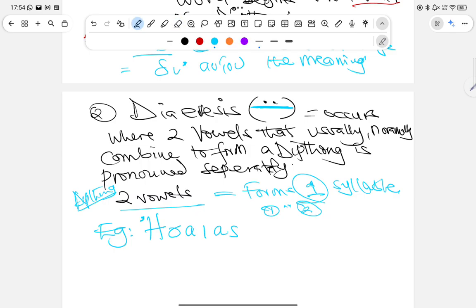Alpha, iota, and then there's this dot, and then there's this dot. You see that now, that's the diaeresis that we're talking about. Of course, this word is where we get Isaiah, right?